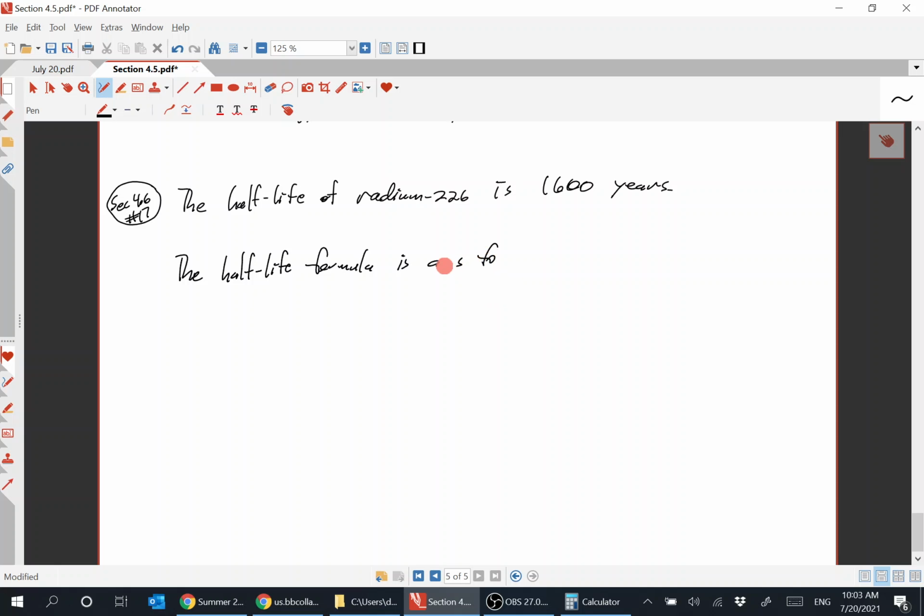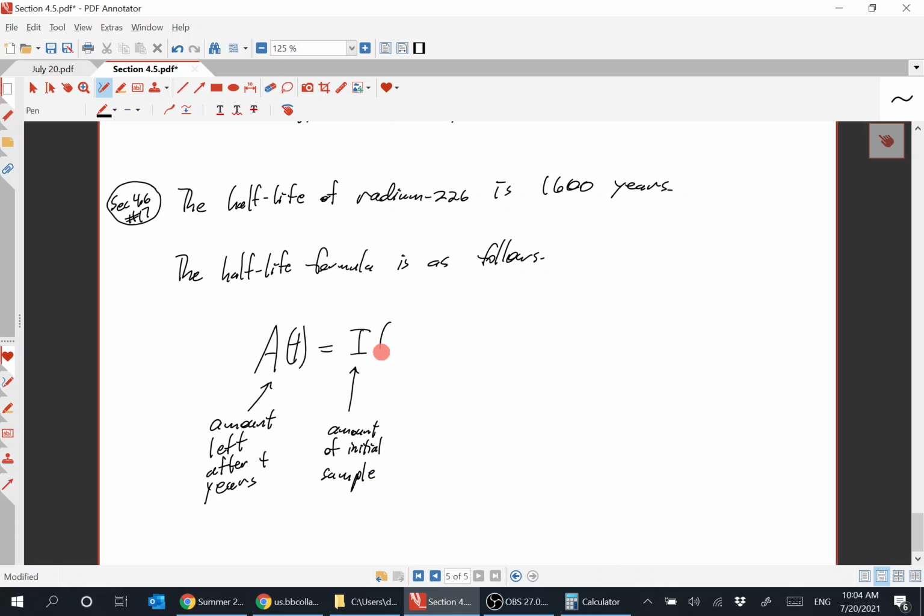The amount left after T years is equal to the amount of the initial sample, I, times 1/2 to the T over H, where H is the half-life in years, and T equals the number of years.